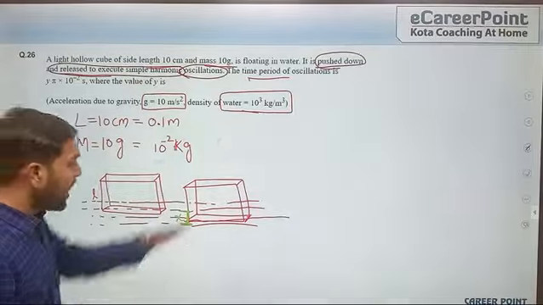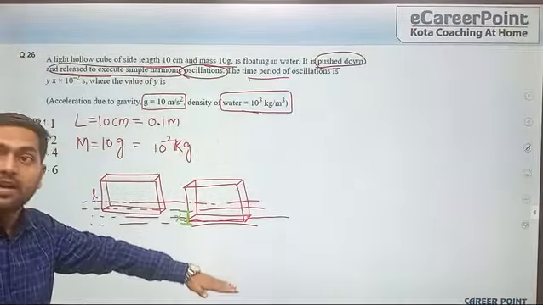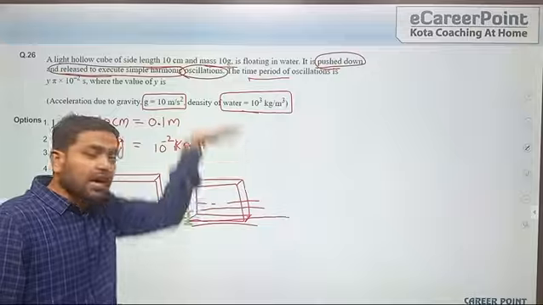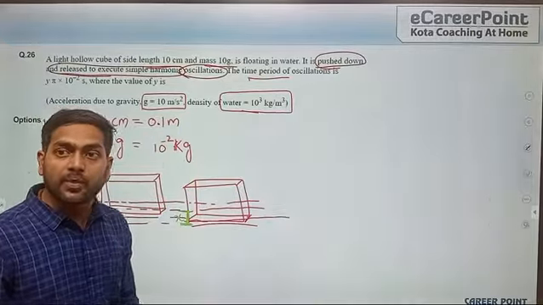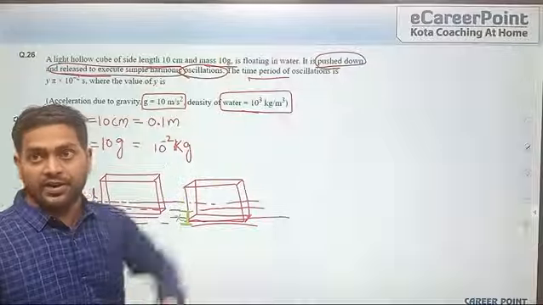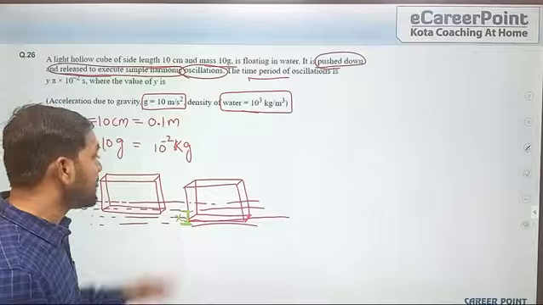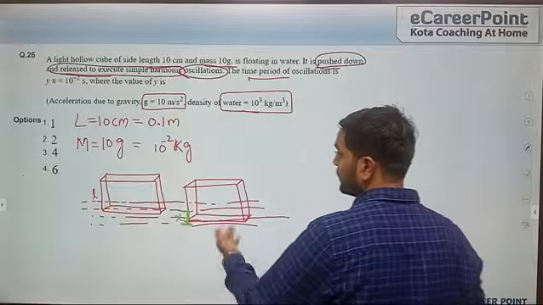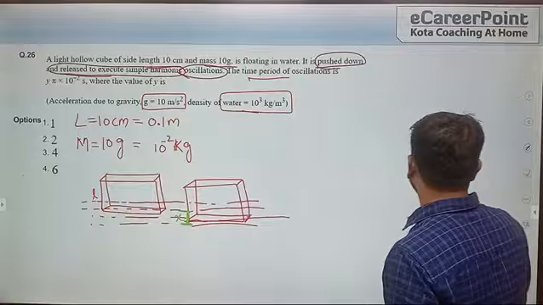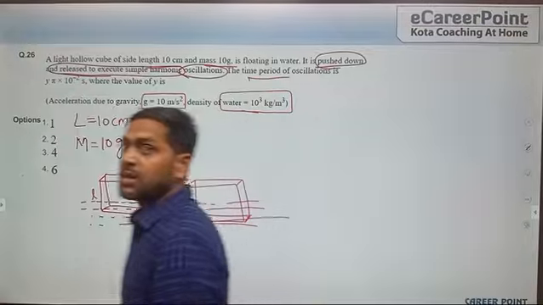After getting inside, the water pushes it upwards. Why? Because of the buoyancy force. Due to the buoyancy force, it will push upwards. That buoyancy force acts as the restoring force here. So the buoyancy force is equal to the restoring force, F equals ma. What is the buoyancy force?